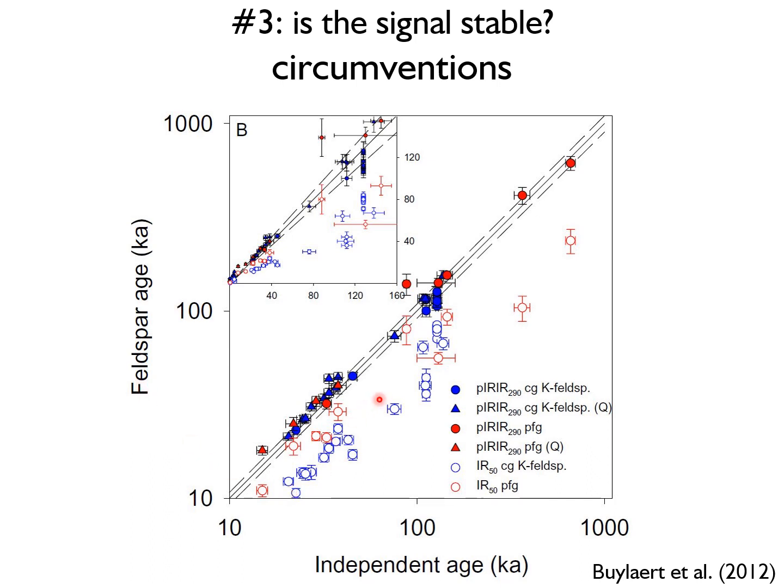The luminescence ages from feldspar greatly underestimate the independent age. The filled circles are those derived with the new technique, the pIRIR. And as we can see, the agreement is perfect with independent ages.